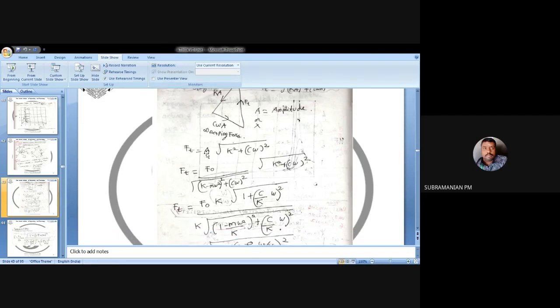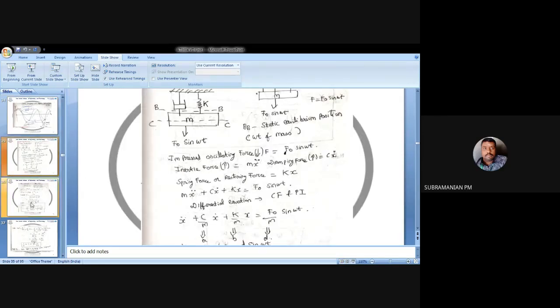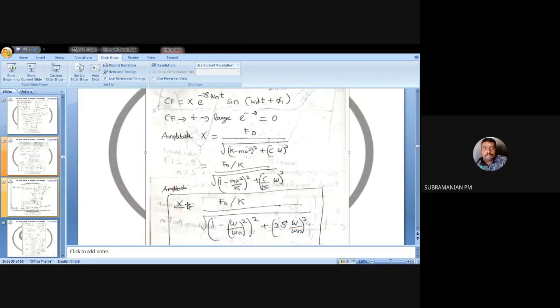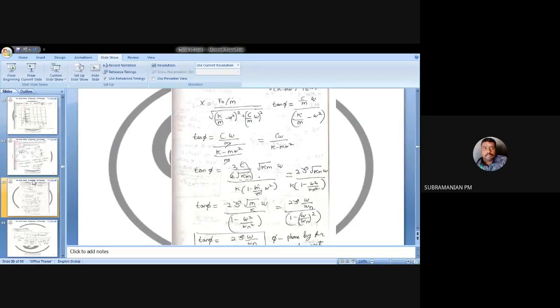This is the amplitude of the forced vibration. So instead of A, I will write the expression from the previous derivation. You can see the amplitude, F naught by K. The amplitude of the forced vibration we have already derived.